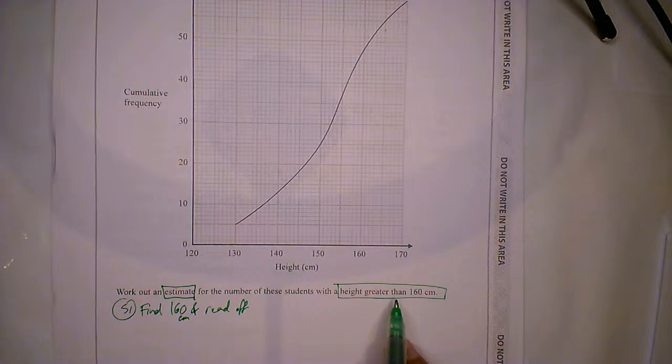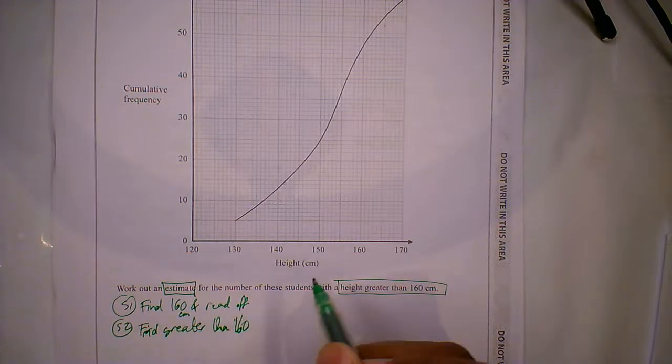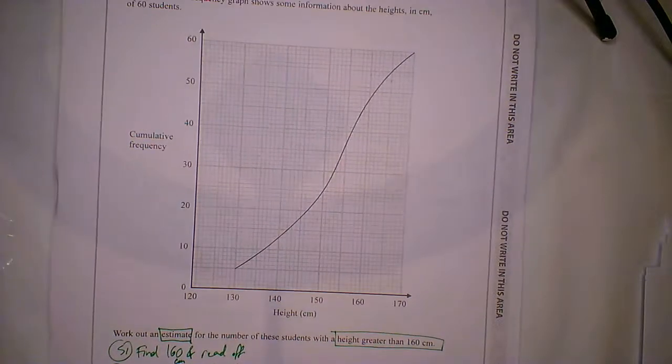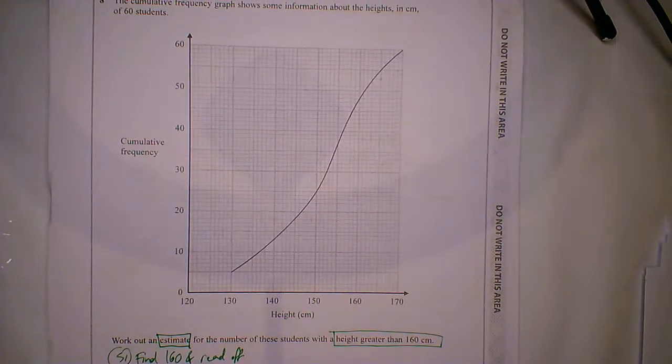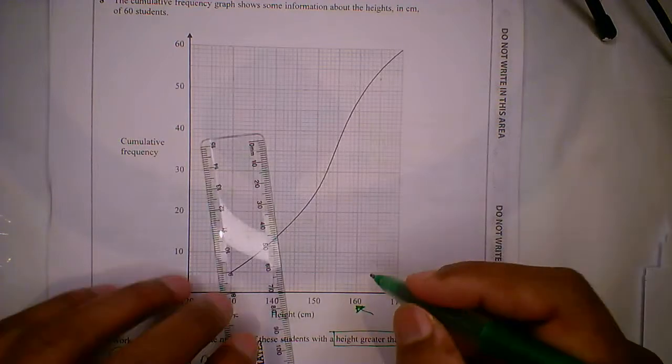And then I need to find which part is greater. So step two is find the greater part, greater than 160. Okay, so that's what I need to do. So we can see here 160 is here. So I can read this off.